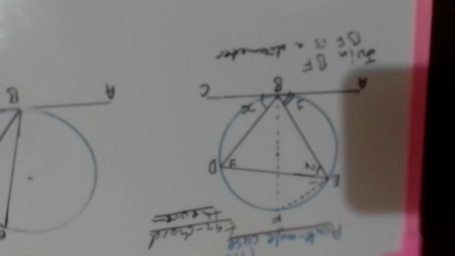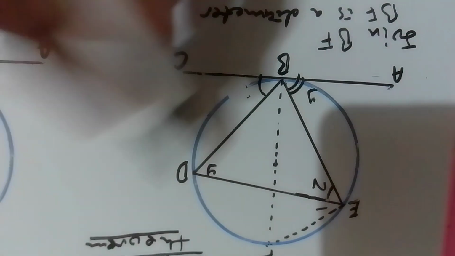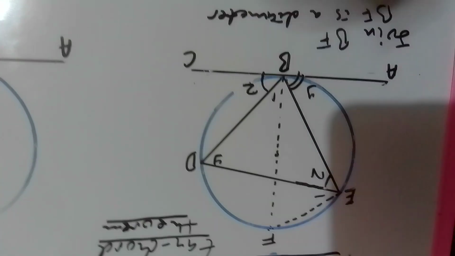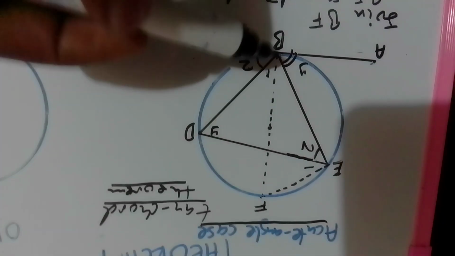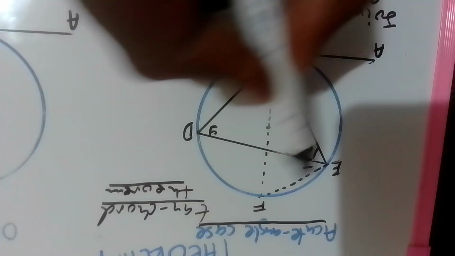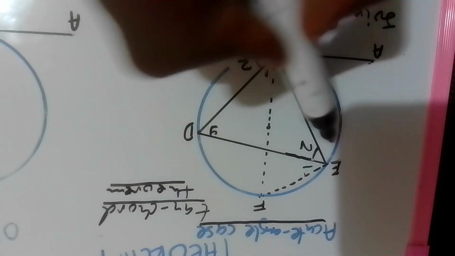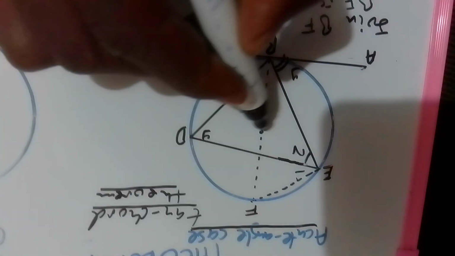Right? And here, where there is X on the B, I'm going to remove it, and I will put a 2 here. And here I'm going to put a 1. Now, what do I want to remind you of? A lot has happened with the construction of this diameter and this chord. I've explained the chord. I've explained that we've got a right angle there. Now, what is missing is this side.